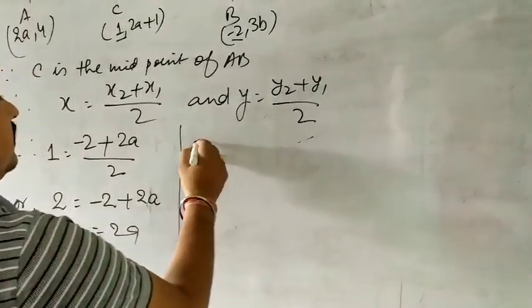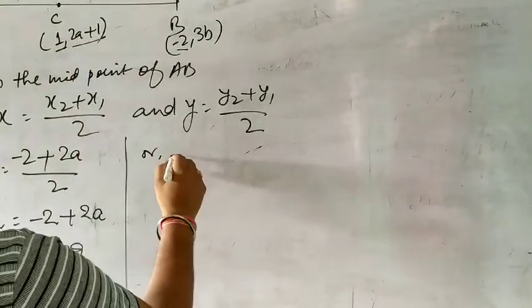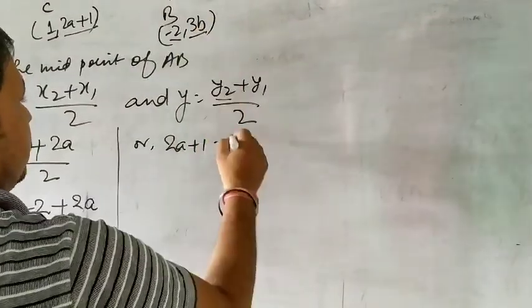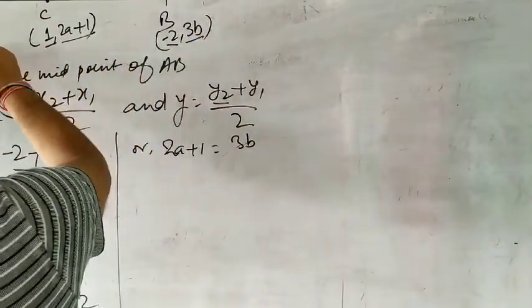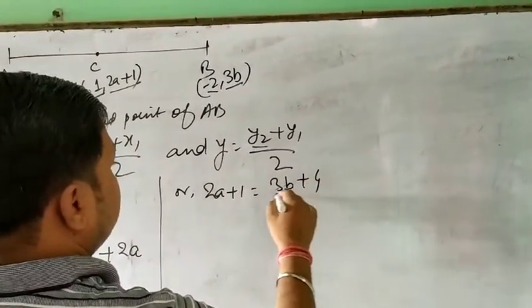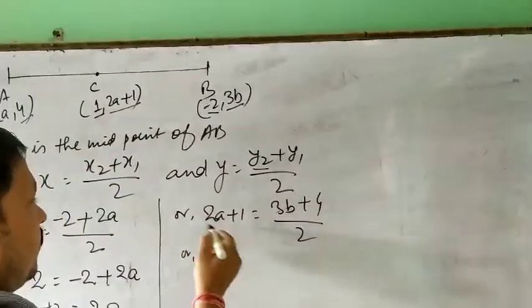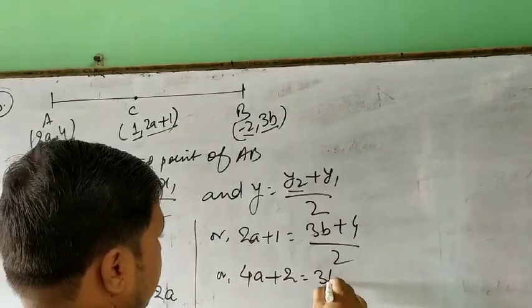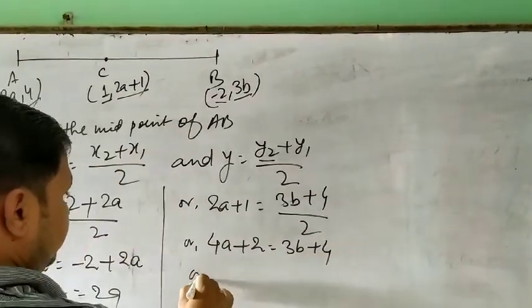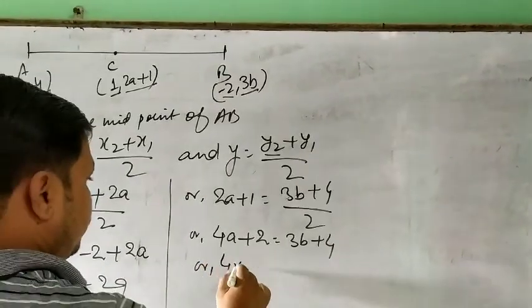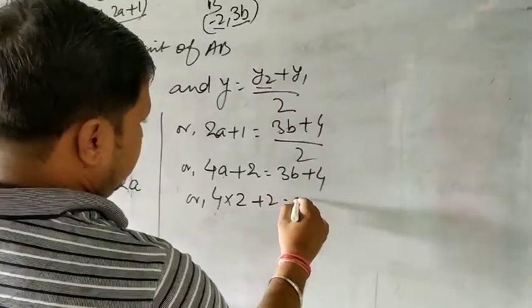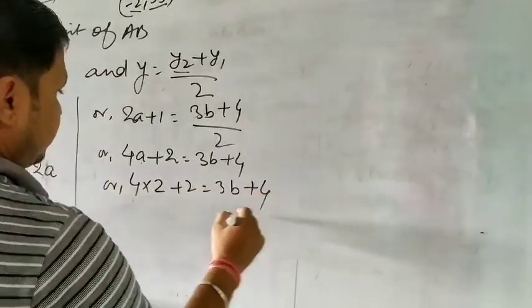In y, value of y equal to 2a plus 1 equal to (y2 plus y1) by 2, where y2 equal to 3b and y1 equal to 4. So cross multiplication: 4a plus 2 equal to 3b plus 4. So 4 into value of a equal to 2, so 8 plus 2 equal to 3b plus 4.